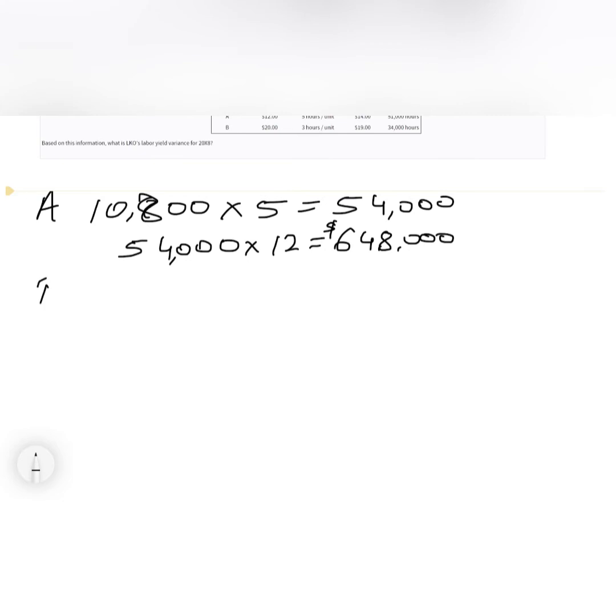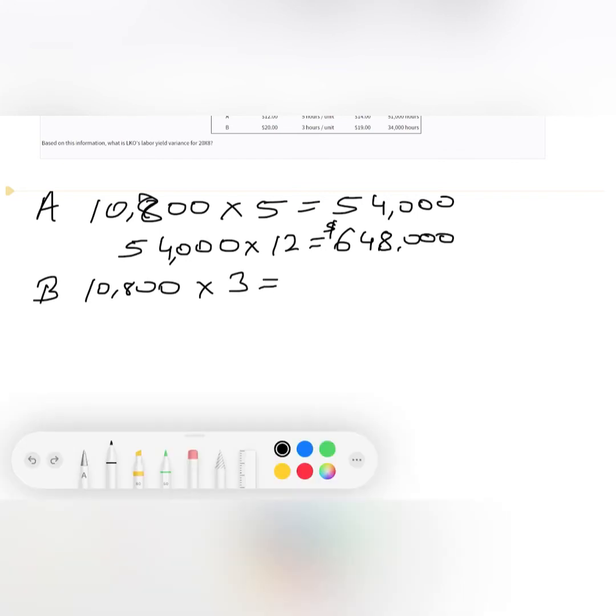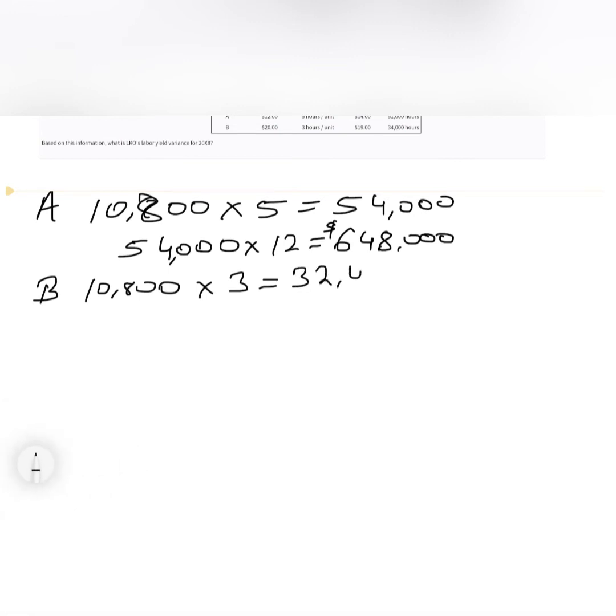Now, let's take a look at employee B. At 10,800 units, employee B was supposed to spend, at 3 hours per unit, 32,400 hours. Multiply that by the standard rate of 20 yields 648,000 again.